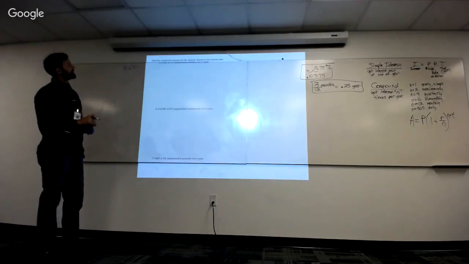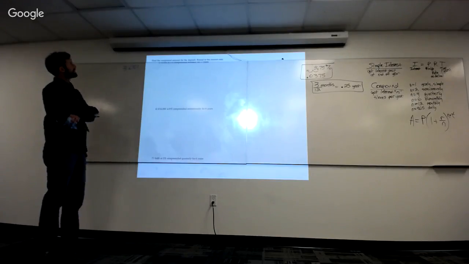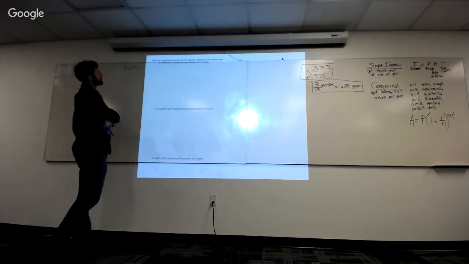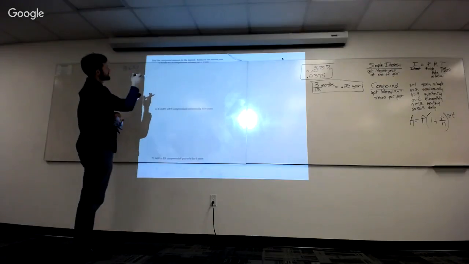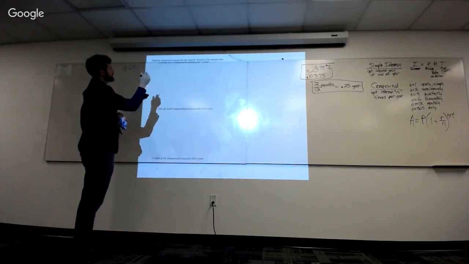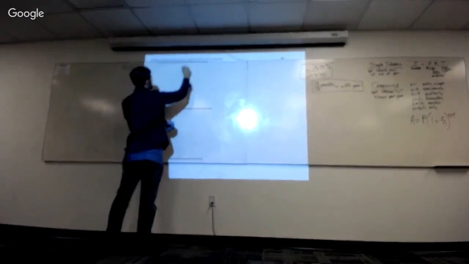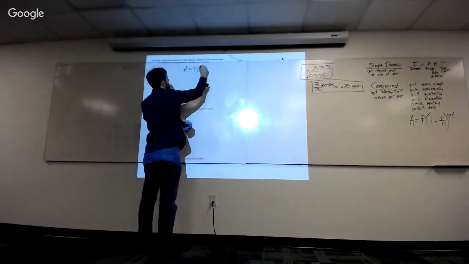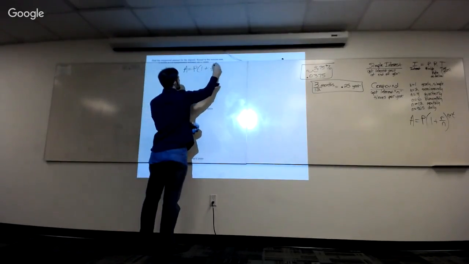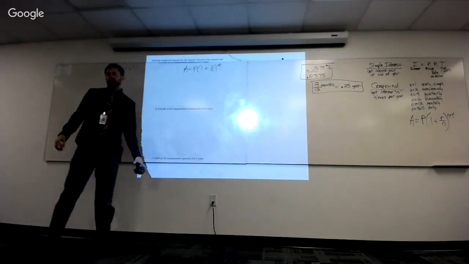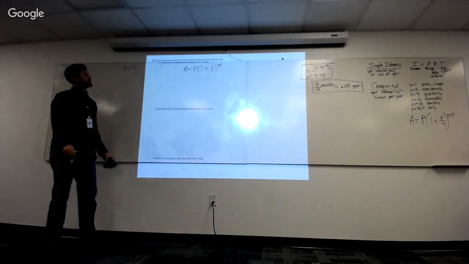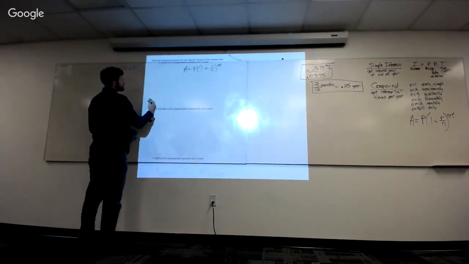So find the compound amount for the deposit. Now let's really talk about this one. So first of all, they're giving $7,000 at 5% compounded annually for 17 years. So first, let's write down the formula together. A equals P times 1 plus R over N to the NT. And a best practice that we'll use is to go ahead and run down the values in that formula.